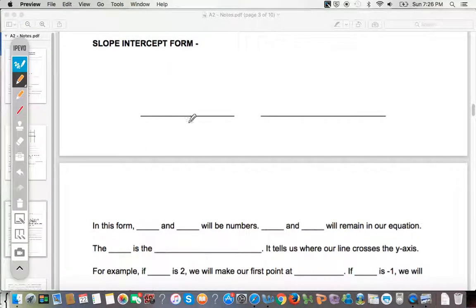Okay, so slope-intercept form. Let me write it again. y = mx + b. As we've said a couple times now, m and b are numbers, while y and x will stay in our equation.